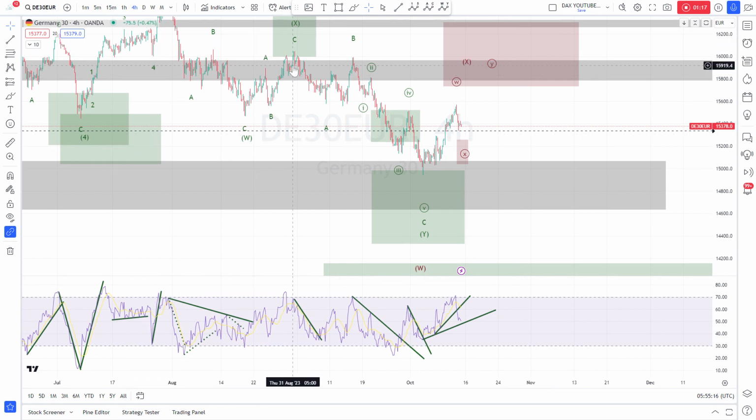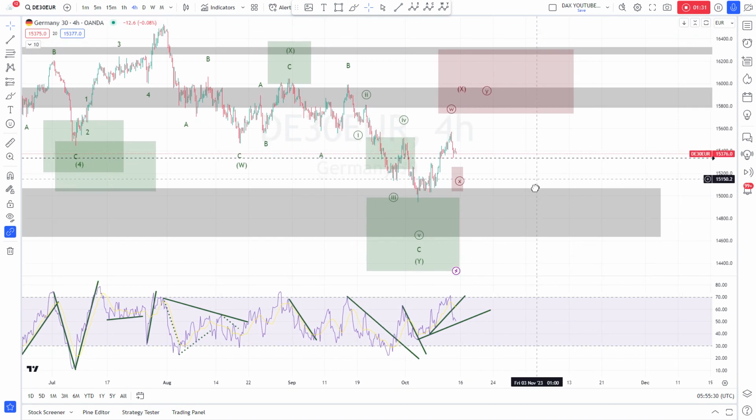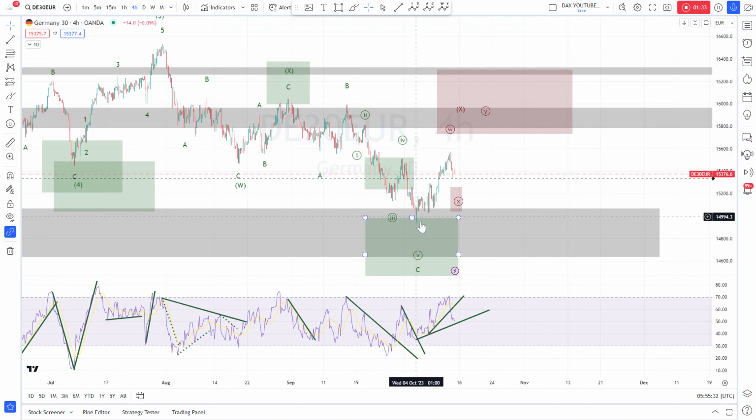Then this WXY would be the W leg, then we go up as a wave X, and then again 3 waves will follow down as a wave Y. And so now we are analyzing this part here to see what we can expect next.